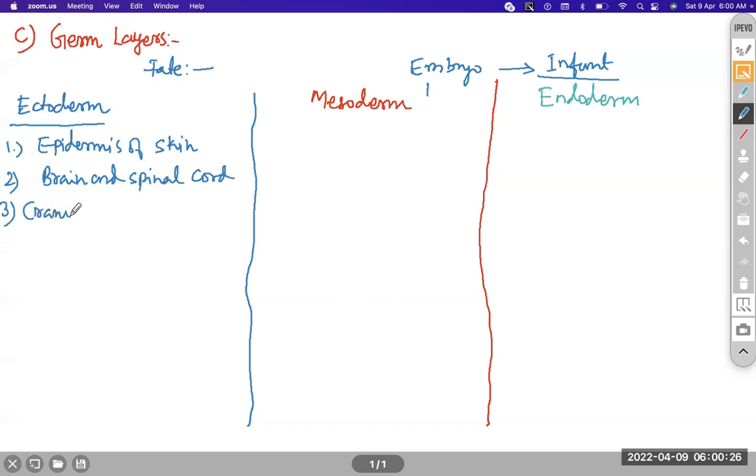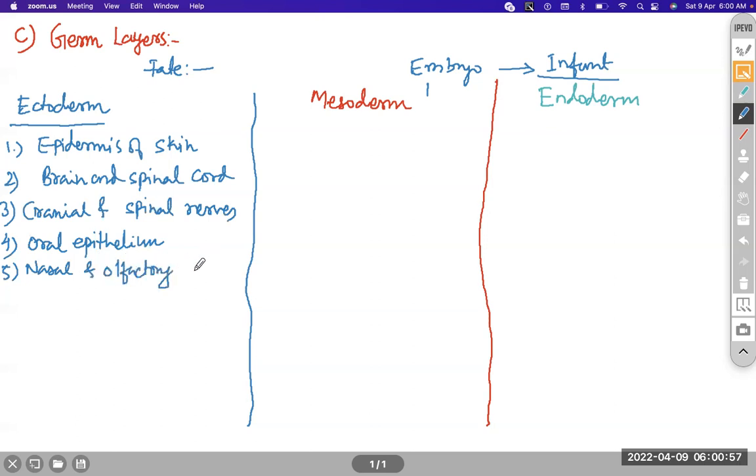Cranial and spinal nerves. Oral epithelium. Nasal and olfactory epithelium. Epithelium of anal canal.